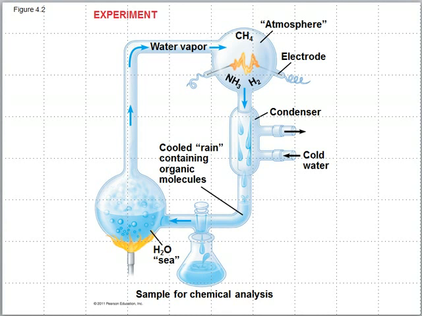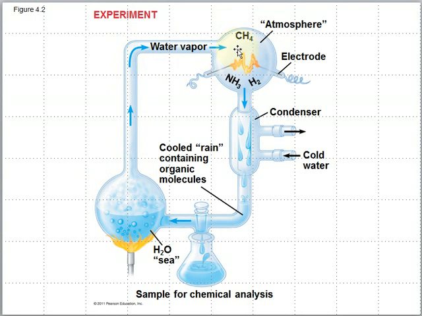In this flask down here at the bottom underneath the Bunsen burner, he had a water mixture that was supposedly similar to the ocean water of early Earth, and he heated that up, just like the sun heats up the ocean nowadays, causing some evaporation. This evaporation allowed water vapor to travel up the tube into this second flask area.